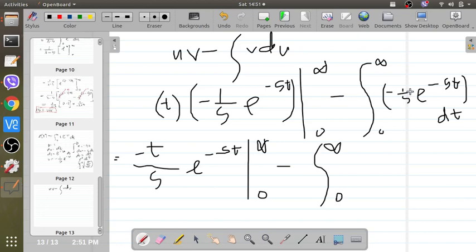So, since 1 over s is set as constant, pagawas na to siya, may plus 1 over s. Ang mabilin na lang is e raised to the power of negative st dt.